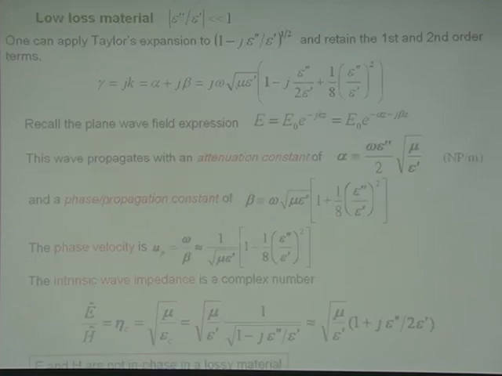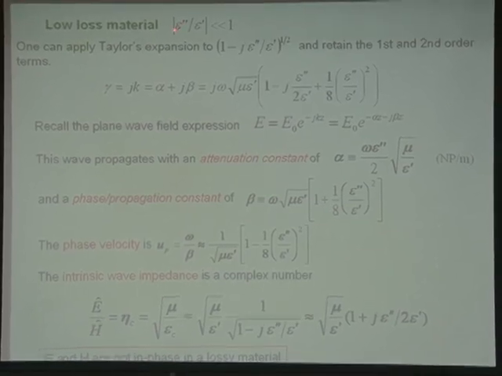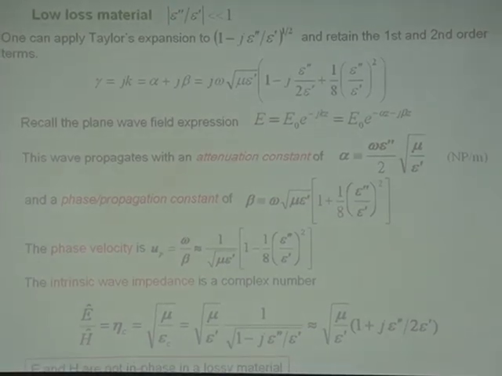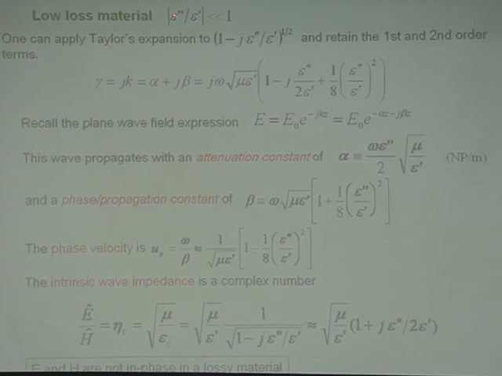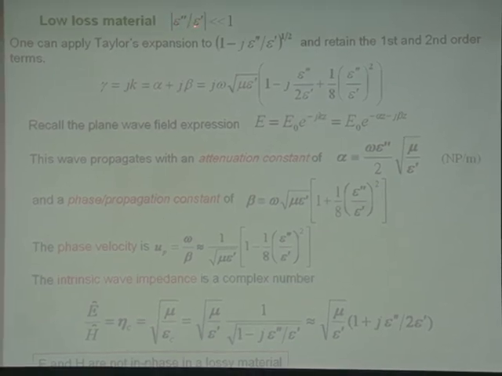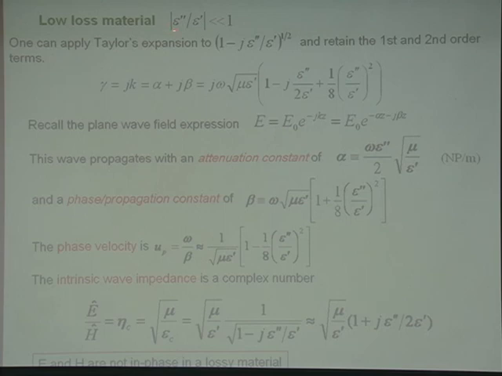But for this case, if we don't spell out what epsilon double prime is, well, usually in the dielectric material, 在介电物质里头呢，这个 epsilon double prime is small compared with the epsilon prime. The imaginary part is usually much less than the real part. Given this, you can do a Taylor expansion to this expression, and then you have this kind of real part and imaginary part. So immediately you can solve for alpha and beta.